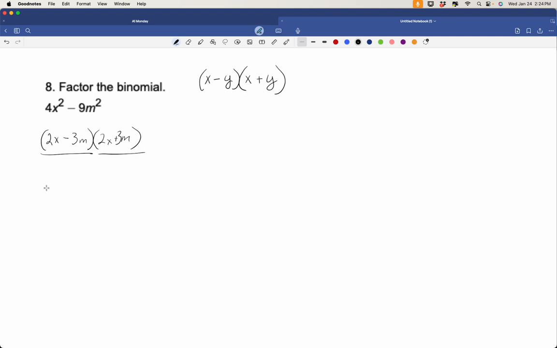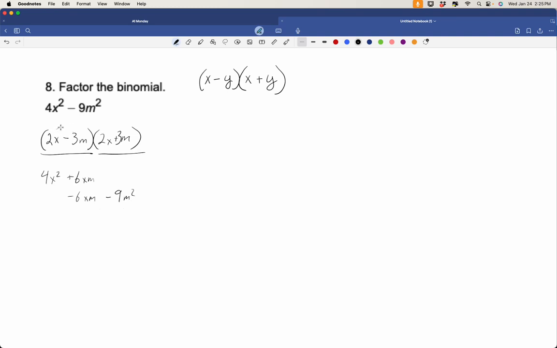So 2x times 2x is 4x squared. Right? Actually, let's do 2x times positive 3m. This will be positive 6xm. Negative 3m times positive 2x is negative 6xm. Negative 3m times positive 3m is negative 9m squared.